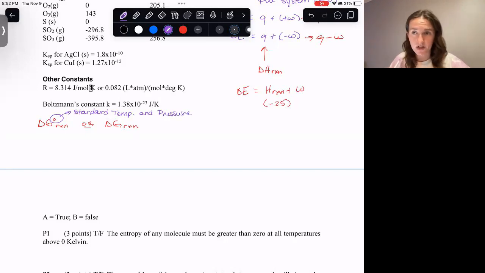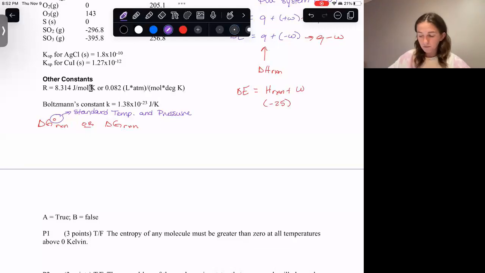If it doesn't have the naught, then it's not at standard temperature and pressure. And standard is 25 degrees Celsius and 1 atmosphere. So if you're not at 25 degrees Celsius, you're going to have just delta G of reaction.